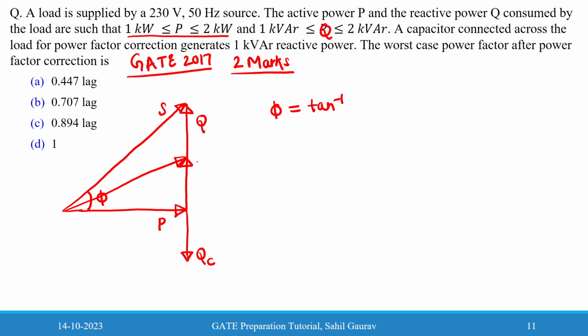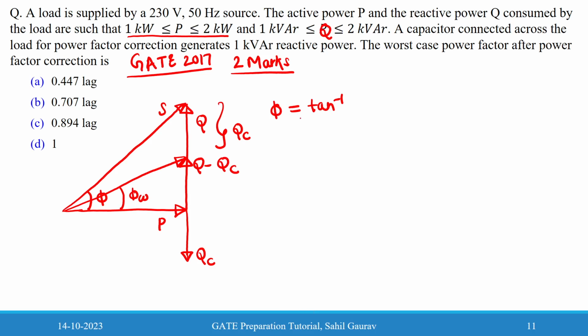So here it is Q minus QC, and this is compensated by the capacitor. Now phi desired, worst, it is asking worst.